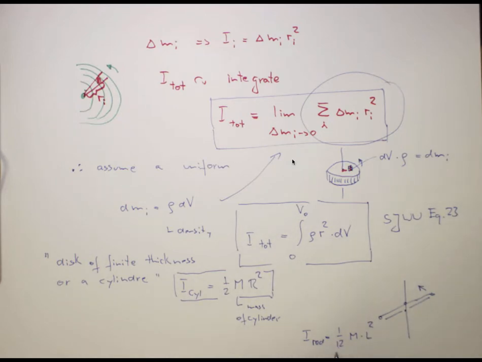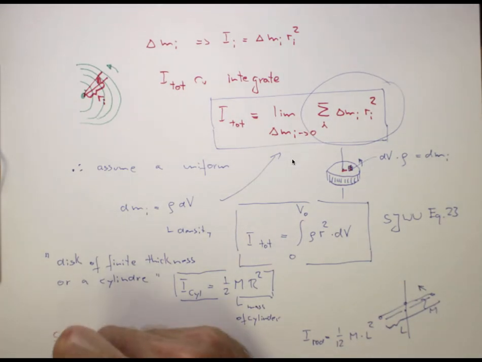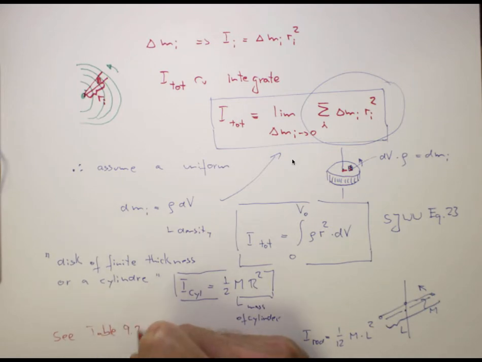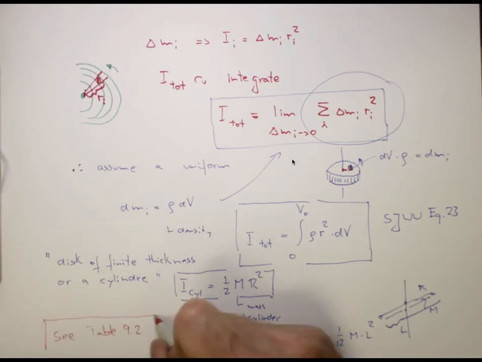In this case it's 1/12, but again we're dealing with the total mass, and the L refers to the entire length of the rod. And these results, and more equations for the total moment of inertia, are given in table 9.2 of the textbook. So you can look this up in table 9.2 in the textbook.